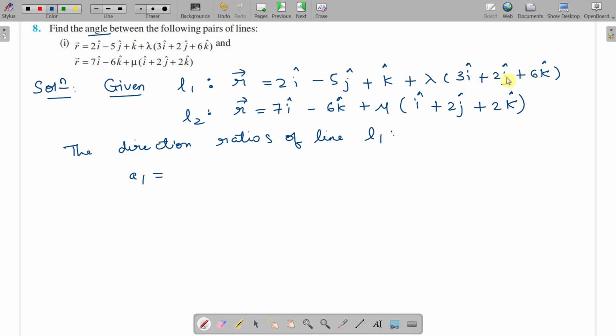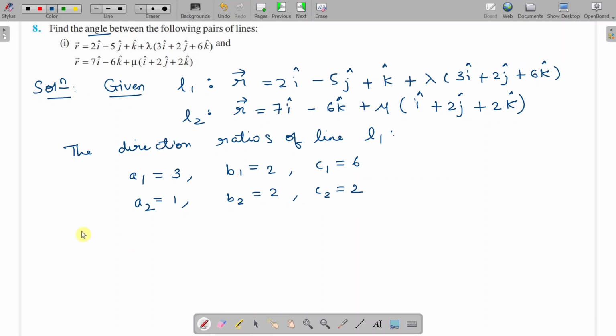So this we can call b1 bar, that is the vector which is in the direction of this first line. So a1 is nothing but the coefficient of i cap here, 3. So a1 is 3, b1 is 2, c1 is 6, right? Then a2 is 1, b2 is 2, and c2 is again 2, right?